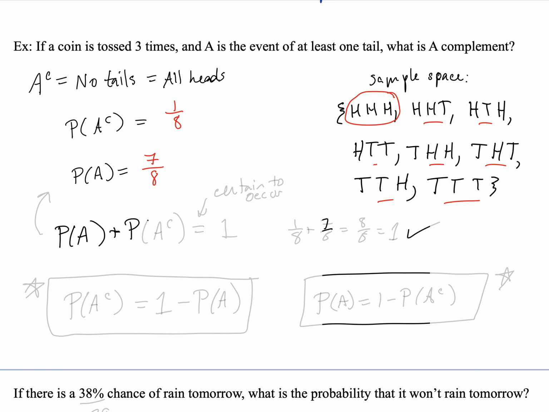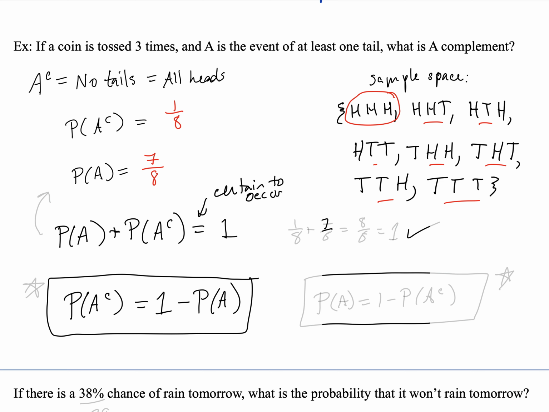So the probability of A plus the probability of A complement is certain to occur, and because it's certain to occur, its probability is 1. We could then subtract the probability of A from both sides, and the probability of A complement is equal to 1 minus the probability of A. That is a really useful thing to know.